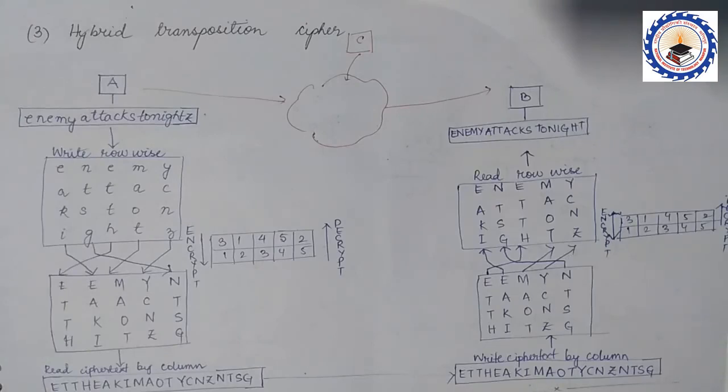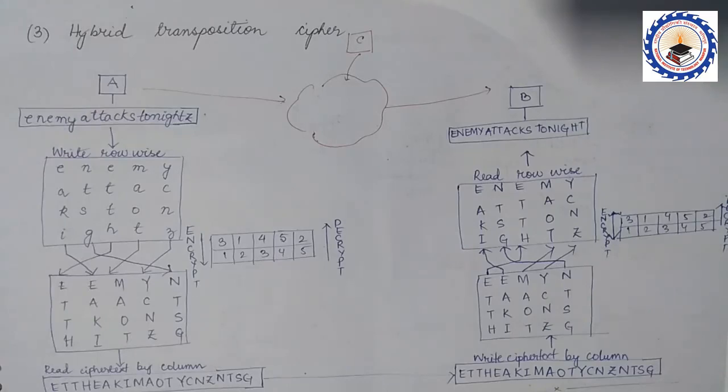They might get the patterns, they might retrieve the plain text easily. Therefore we went for the key transposition cipher. So the keyless transposition cipher has some drawbacks, and we are moving to the key transposition ciphers.